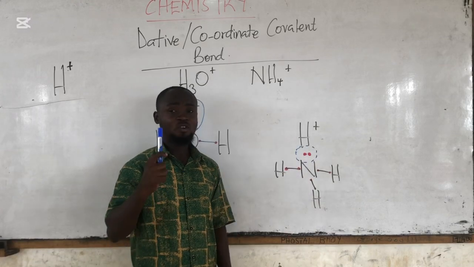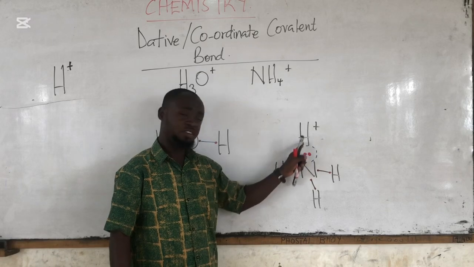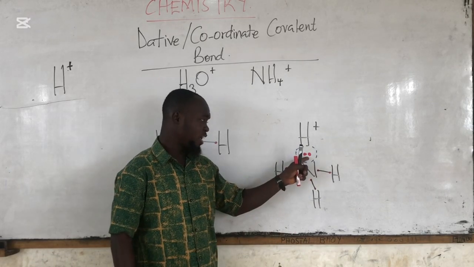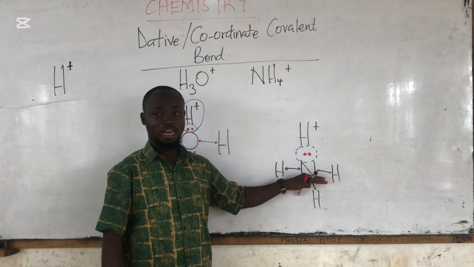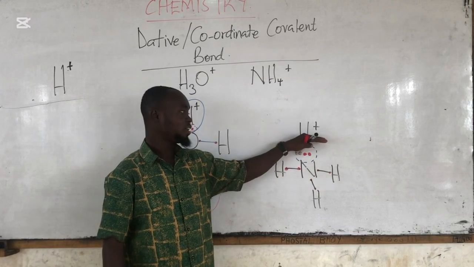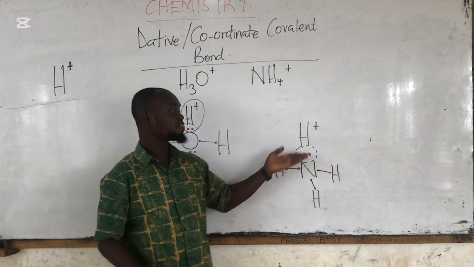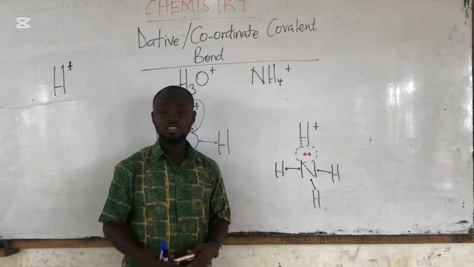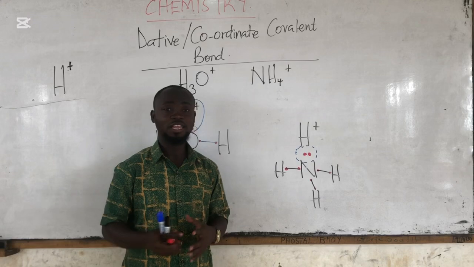Again, it is a covalent bond because there's an electron pair shared between the two species. It is a dative bond because the electron pair being shared is donated by only the nitrogen in ammonia, while the H+ comes without any donation, but they are all sharing. And this is stable, and this is also stable as well. That is dative covalency or coordinate covalent bonding.